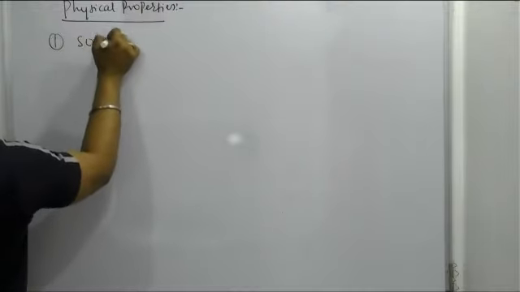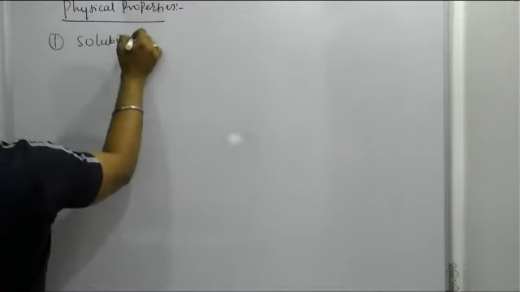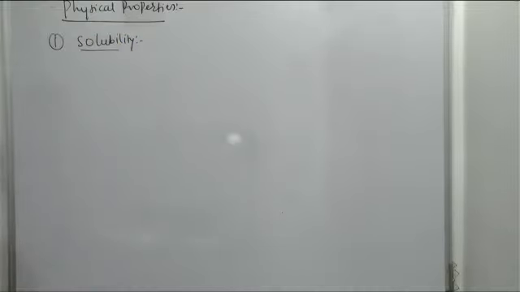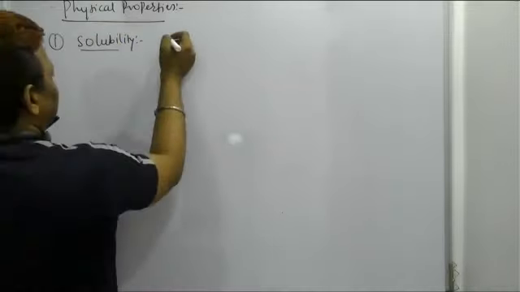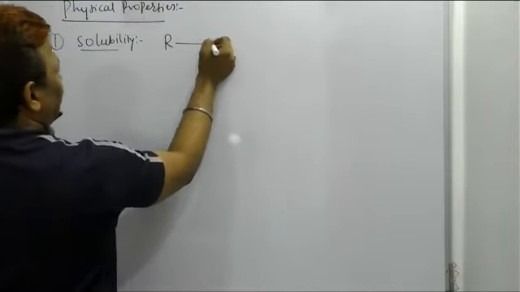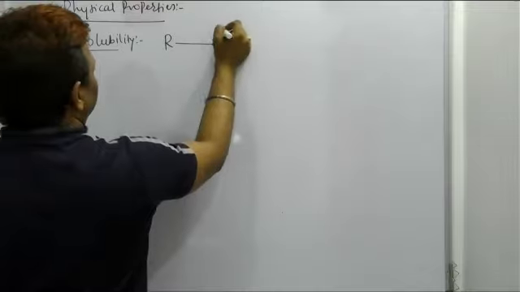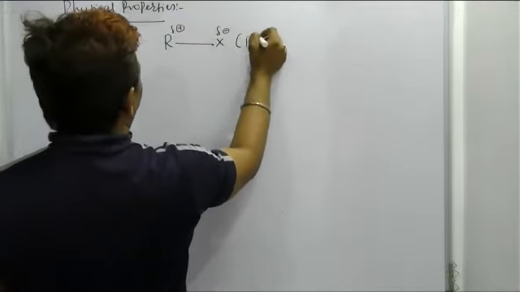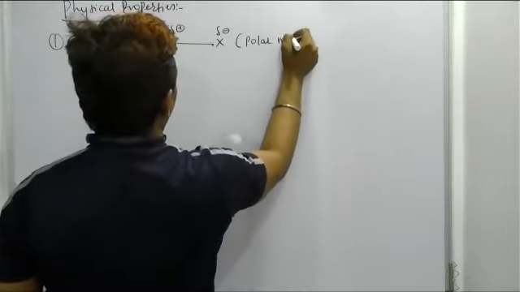First one, solubility. What is there in the solubility? You know alkyl halide means R and X. X is more electronegative than R, so it will get the partial negative and R the partial positive. I should say the molecule is a polar molecule.